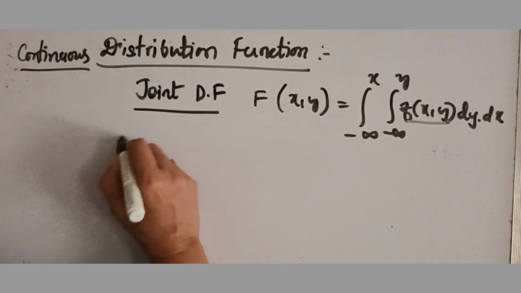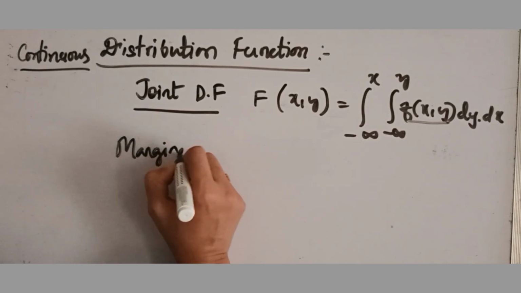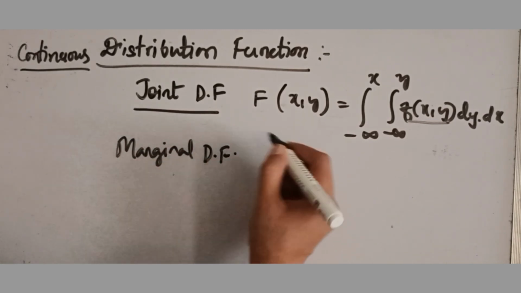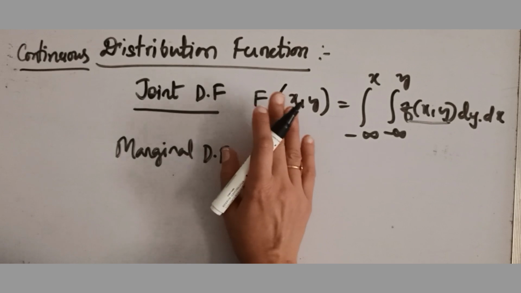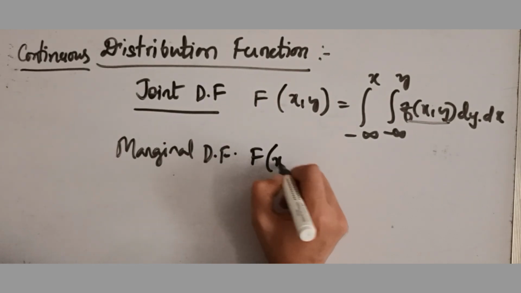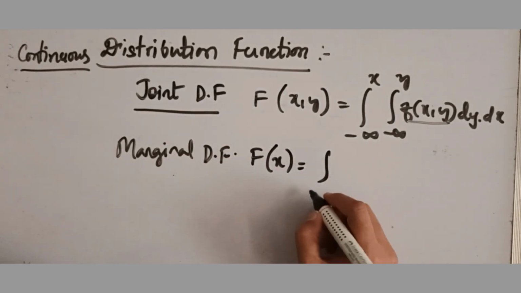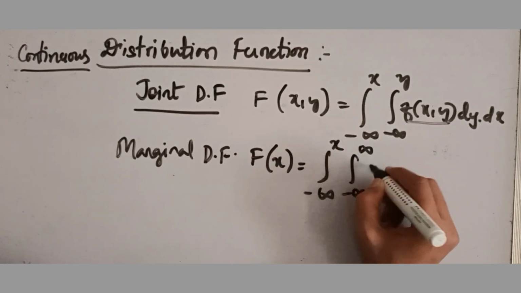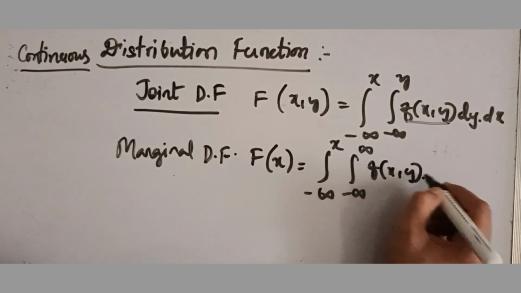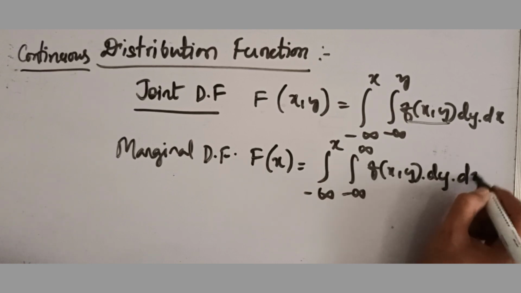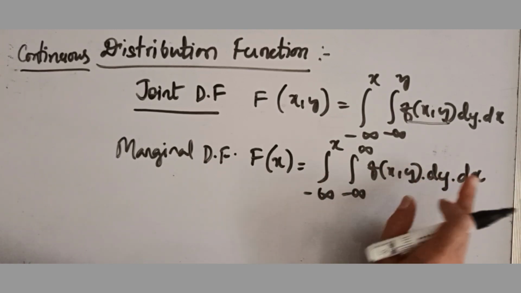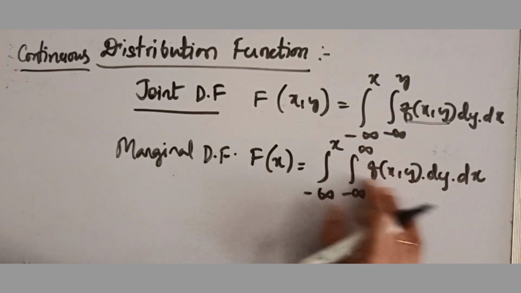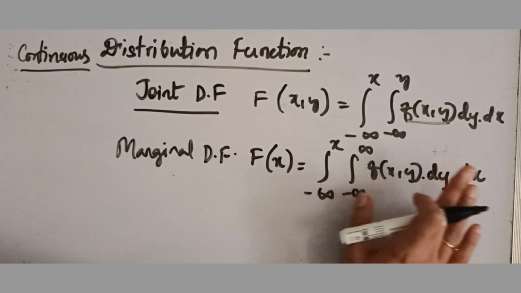Similarly, next, the marginal distribution function. First one is the marginal distribution function of x, that is F of x equal to, integral from minus infinity to x, minus infinity to infinity, f of x comma y into dy into dx. Here the condition is only for x, but for all values of y you have to take.